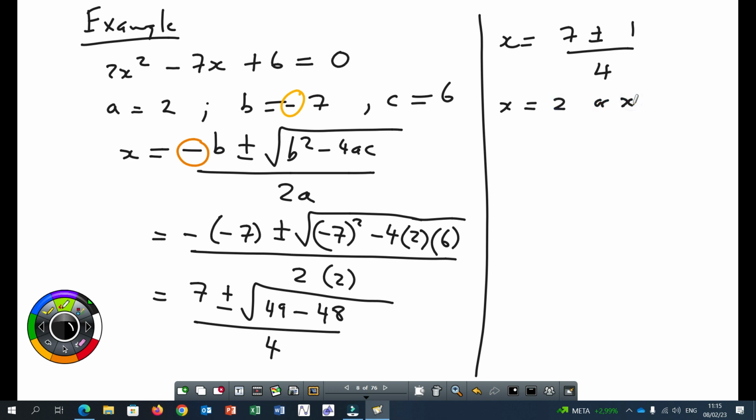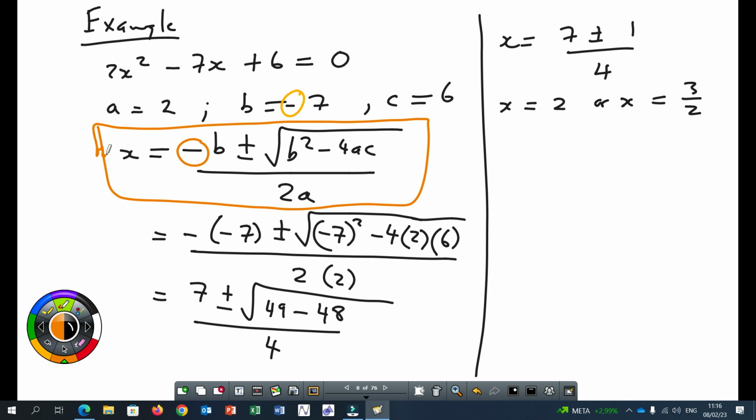The other value, 7 minus 1, gives us 6, 6 over 4, we get 3 over 2. So I've used the quadratic formula to get the same solutions. It's the same formula. You just have to know this formula here. Whenever you see a quadratic equation, you can use this formula for any quadratic equation.